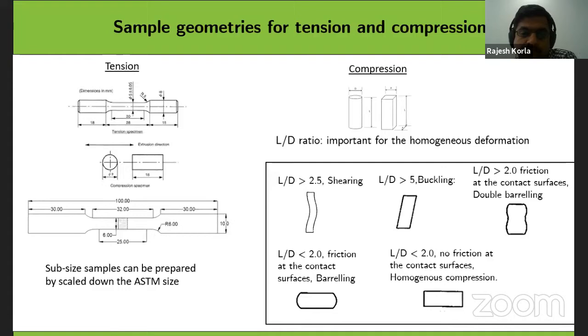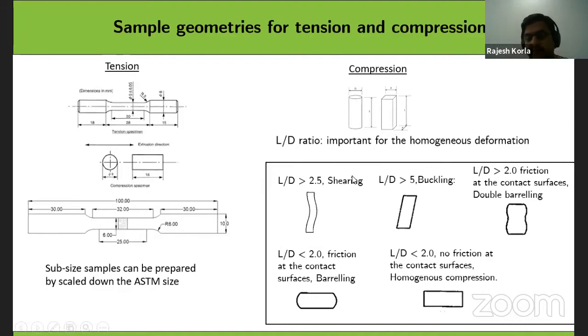There is a very important factor that needs to be considered, the L by D ratio, that is the length of the compression sample to the diameter of the compression sample. For example, if it is a rectangular cross section, then you have to get the area of the rectangular cross section, equate it to a circular area, and then calculate the D. That gives the L by D ratio of the rectangular sample.